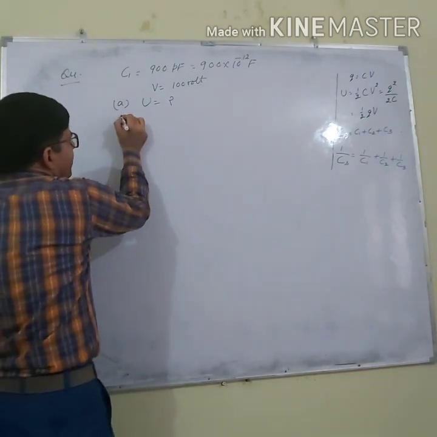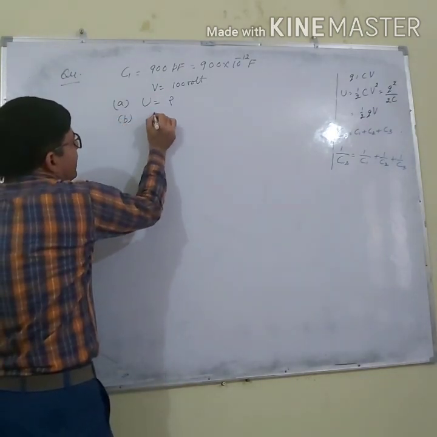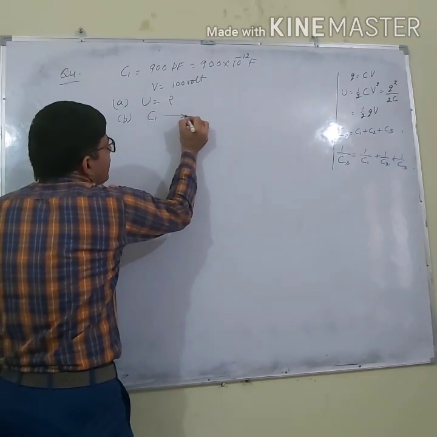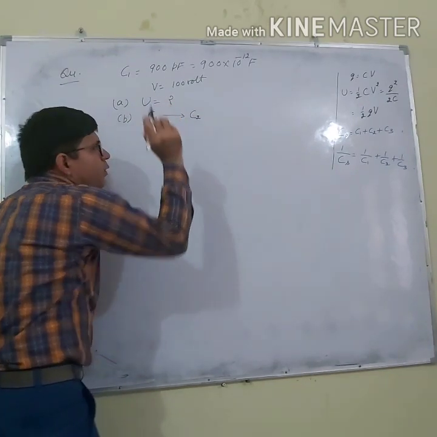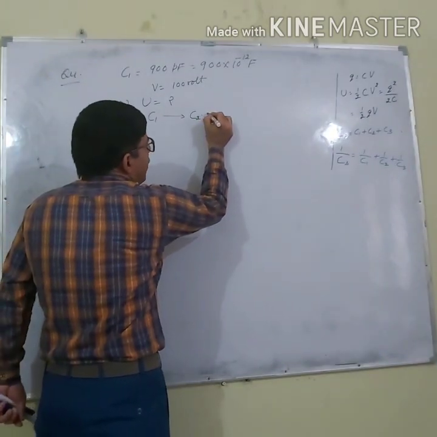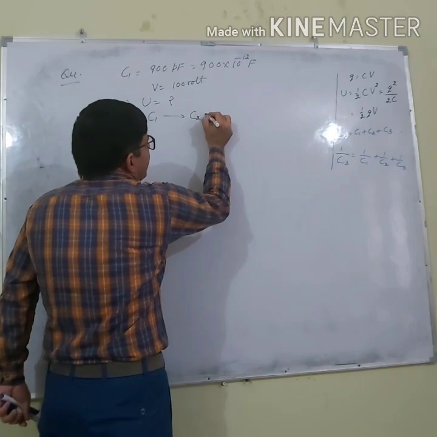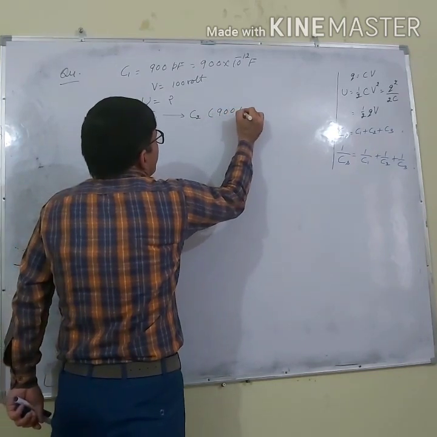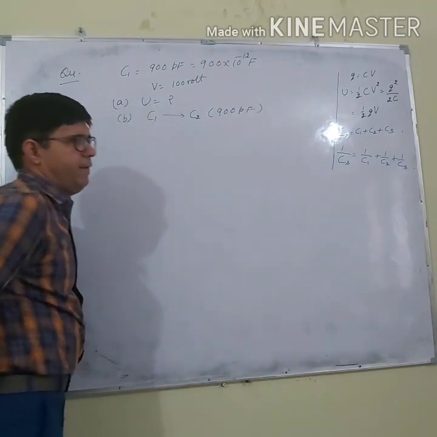Second is, if this C1 is brought in contact with C2. What is C2? It is another capacitor whose capacity is 900 picofarad.